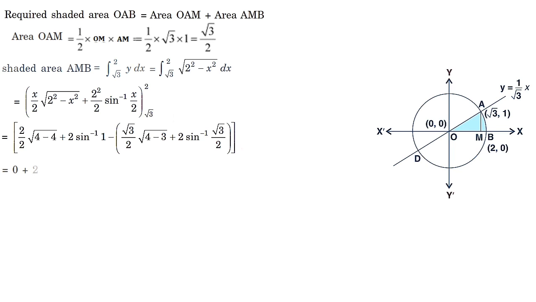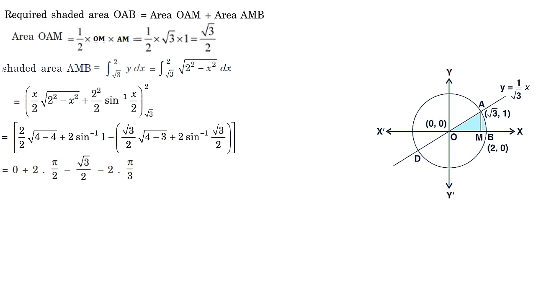The first term is 2 by 2 into 0, which is 0, then 2 into sine inverse 1 is pi by 2. Taking the minus inside, root 3 by 2 into 4 minus 3 is 1, root 1 is 1, so root 3 by 2, minus 2 into sine inverse root 3 by 2, which is pi by 3.